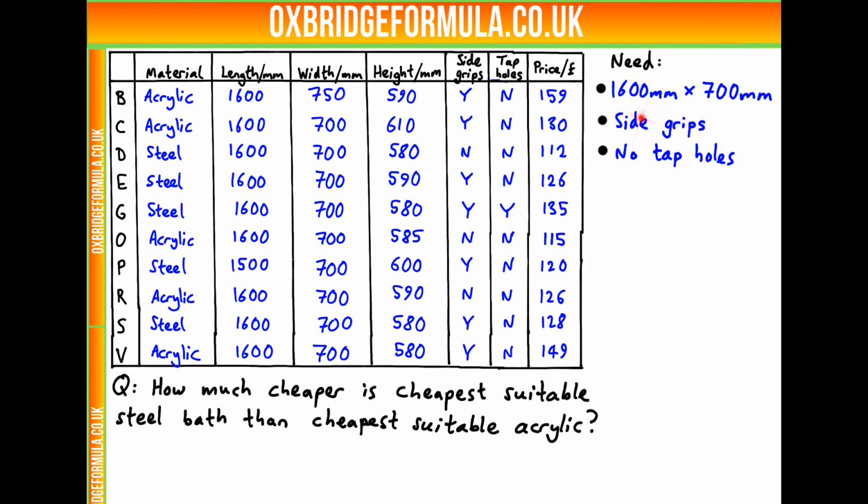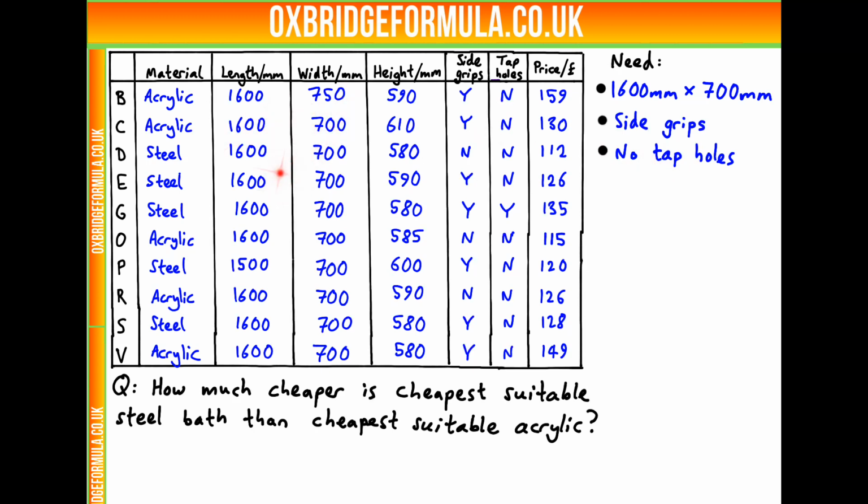And so let's go through each requirement and then mark where any of these baths don't follow the requirement. So firstly, we're told the bath needs to be 1600 by 700, and we're given these three different dimensions: length, width, and height, but it doesn't tell us which ones it's talking about here. So let's just assume, because these are all quite close to 1600, these are all 700, that it means the length by the width.